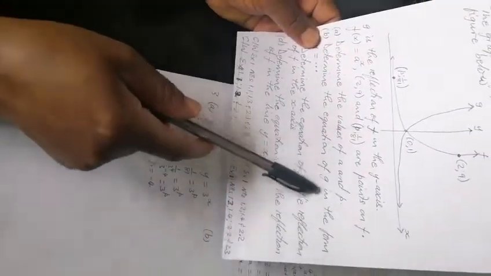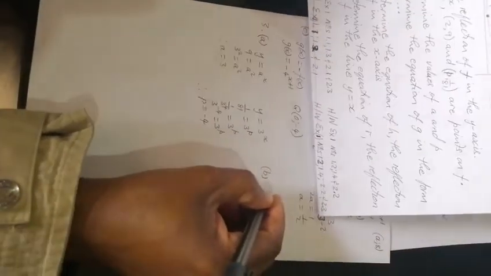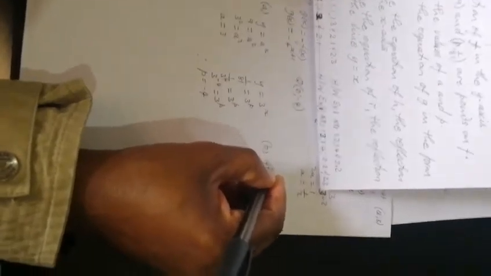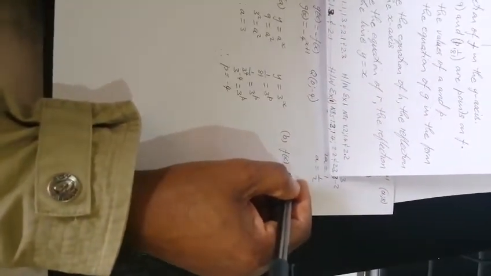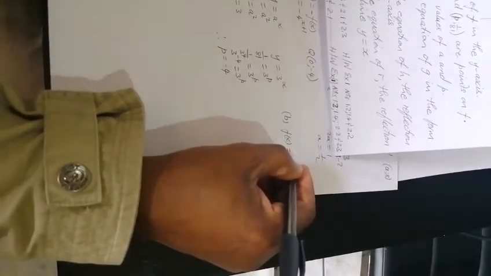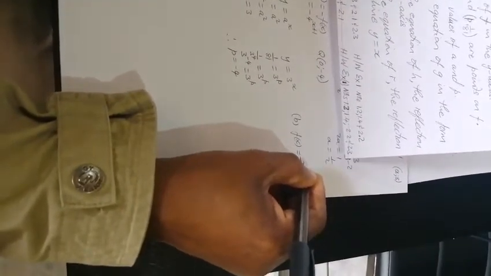We are now looking at part B. Part B says, determine the equation of g in the form y is equal to. Now, we know our f of x is actually reflected in the y-axis, which implies that x is negated. So when we negate x, we are finding g.